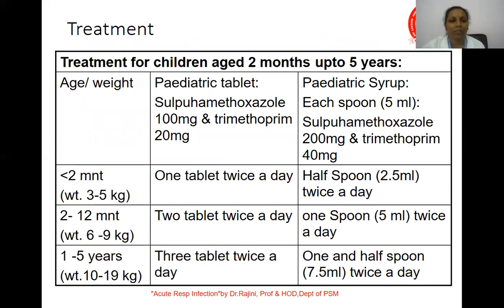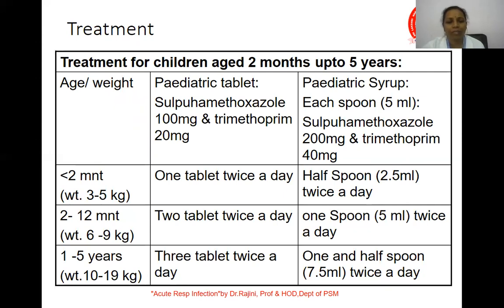So what is the treatment protocol for these children of 2 months to 5 years age group? We will give pediatric tablets depending upon their weight, that is sulfamethoxazole-trimethoprim. Pediatric syrup is also available, where each spoon contains 5 ml of sulfamethoxazole-trimethoprim. Less than 2 months, you give 1 tablet once a day, or if you want syrup, half a spoon twice a day.